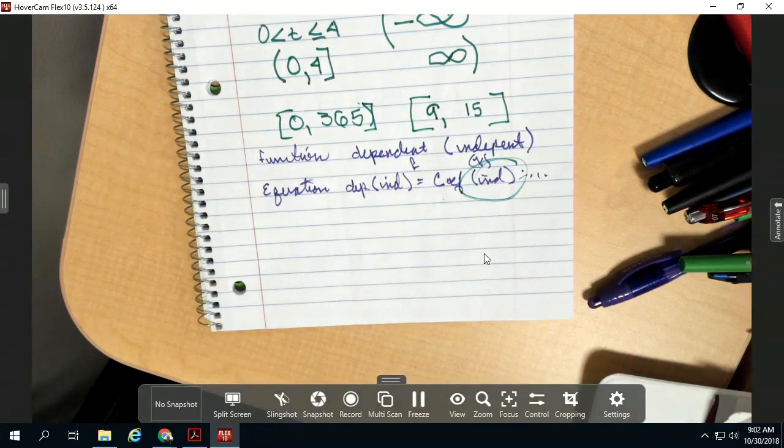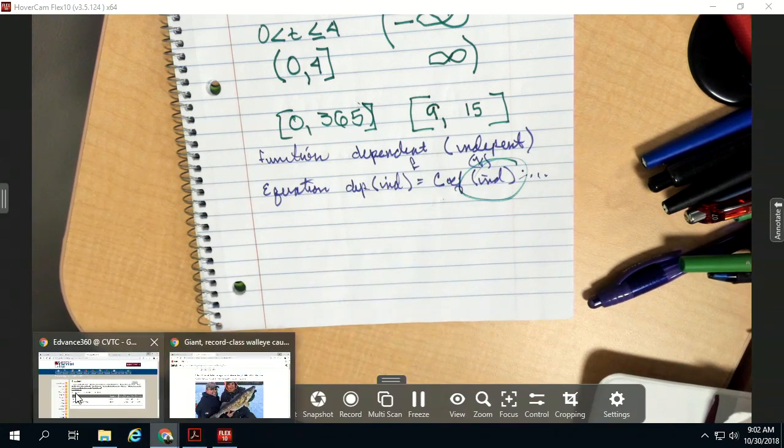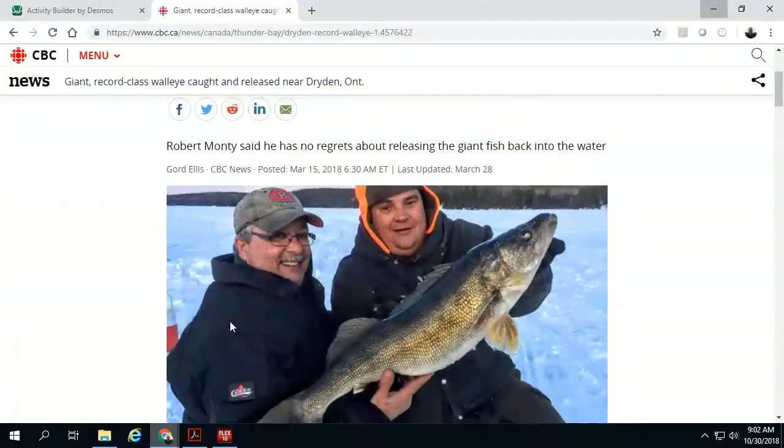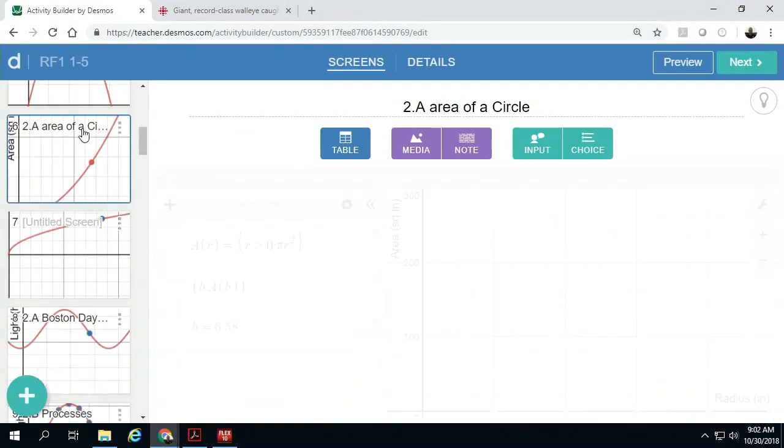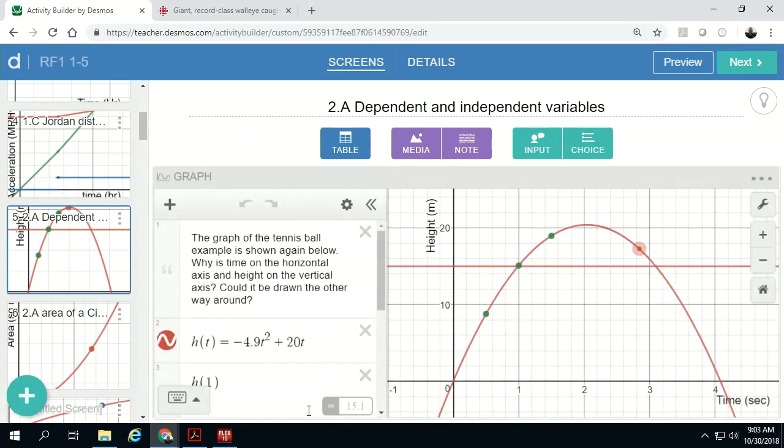So in number 2, as an example, here is the function for number 2. So you notice I've got the equation here, negative 4.9t squared plus 20t.